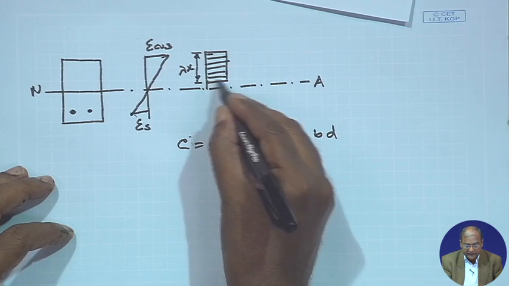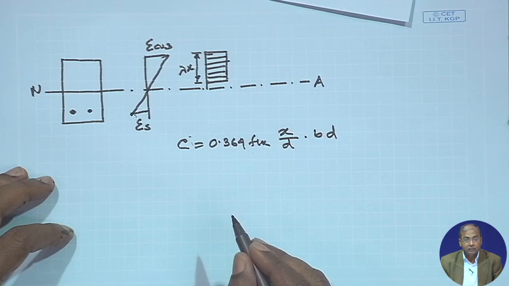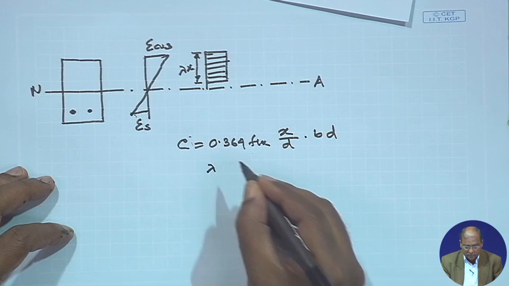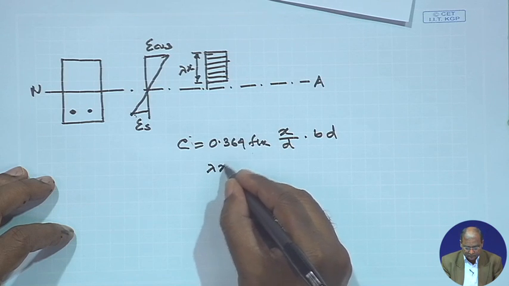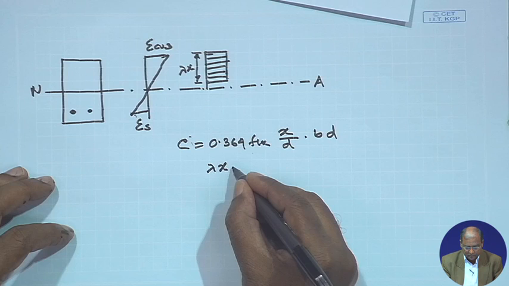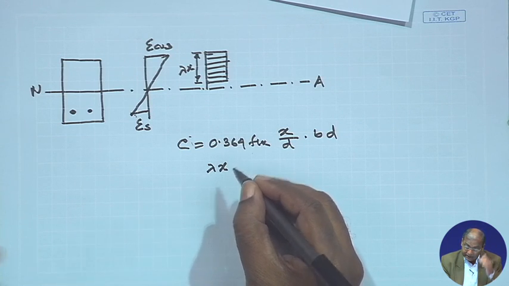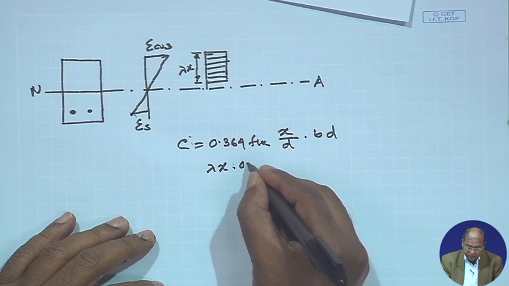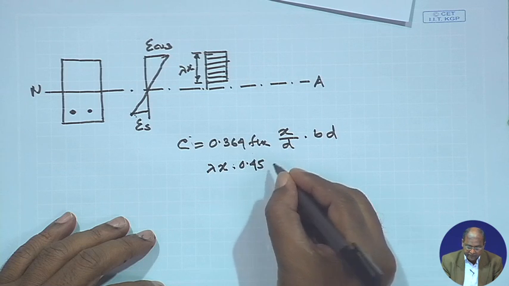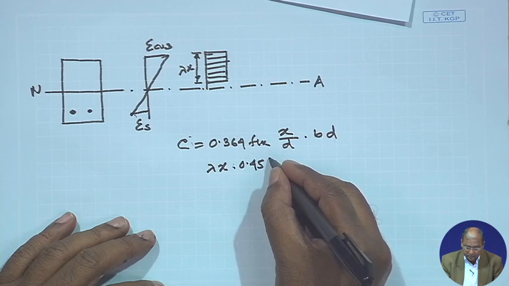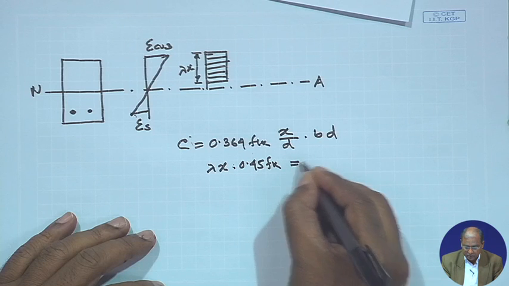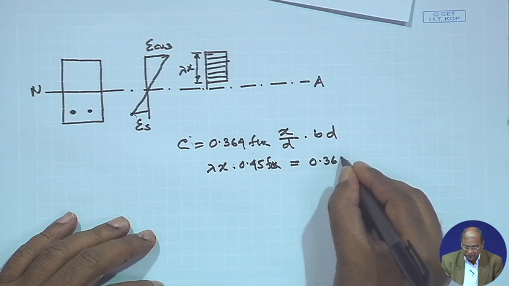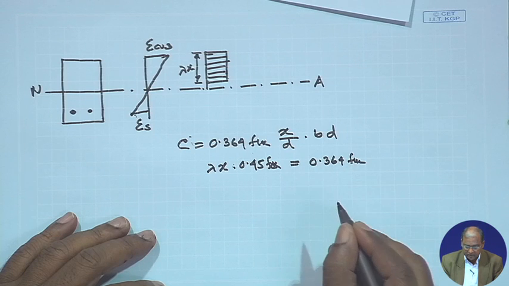If I take this cross section, then how much will be the lambda? So, lambda x into 0.45 FCK will be equal to 0.364 FCK.